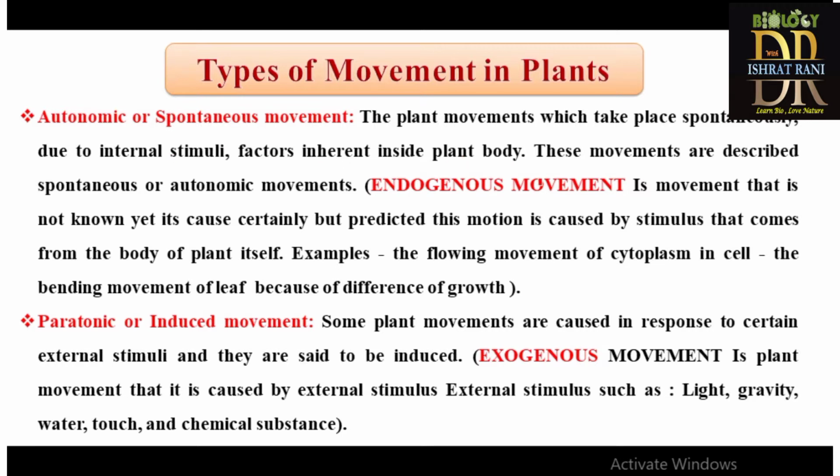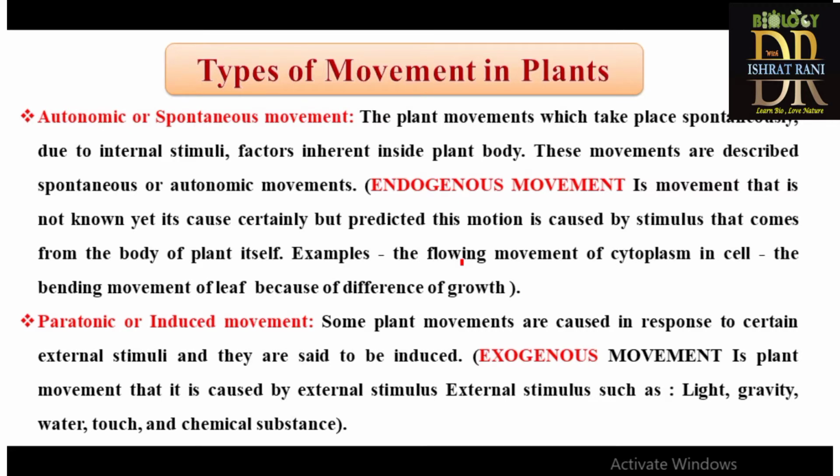So these types of movements are also known as endogenous movement, because their stimuli is internal, and due to that stimuli plants show different types of movement, just like cyclosis, or you can say movement of cytoplasm, and bending of leaves due to difference in their growth.